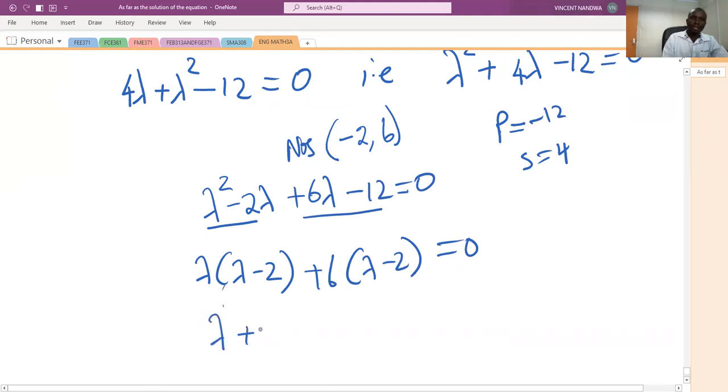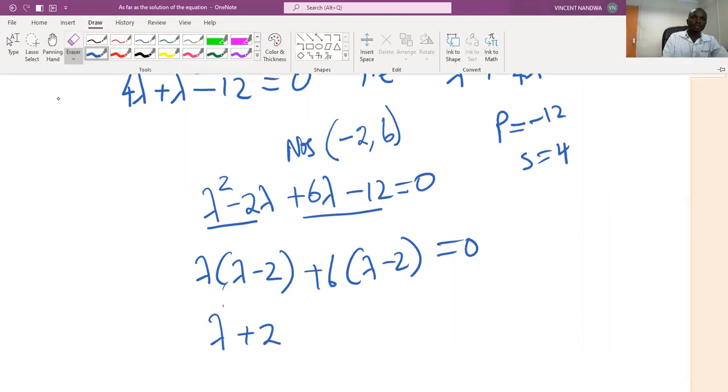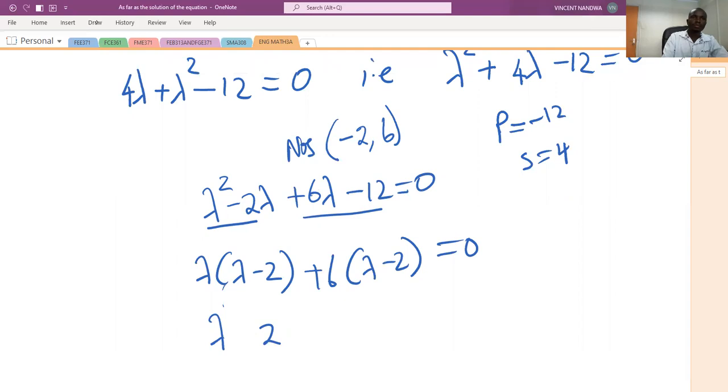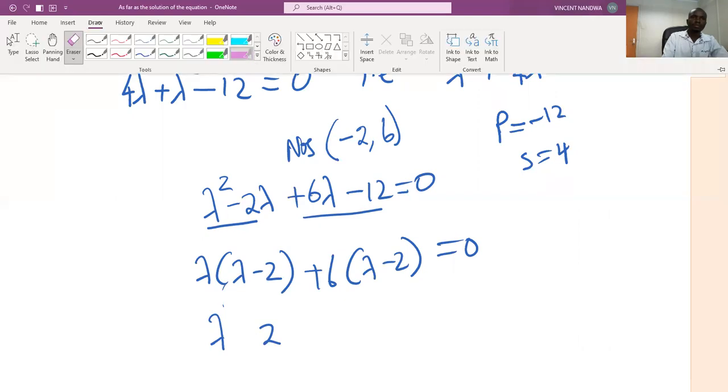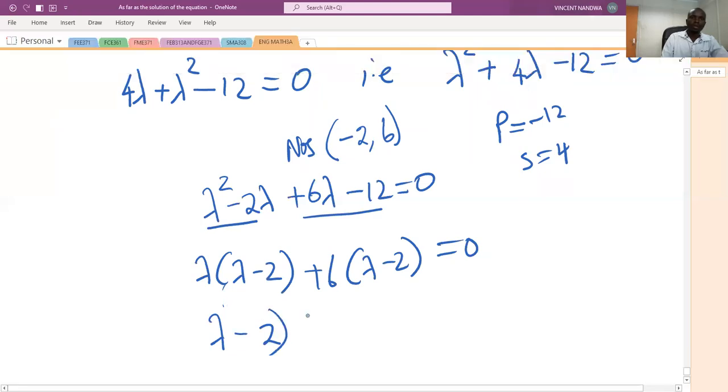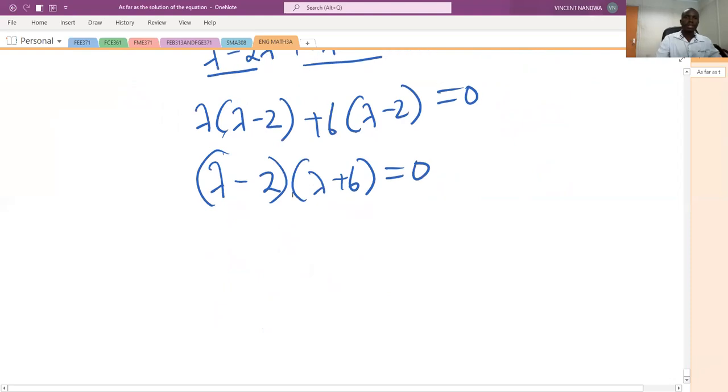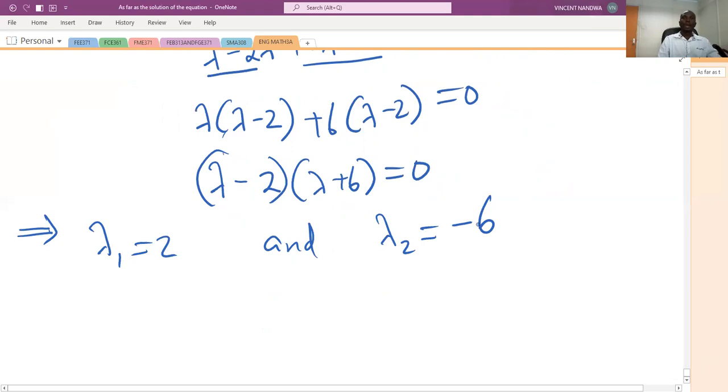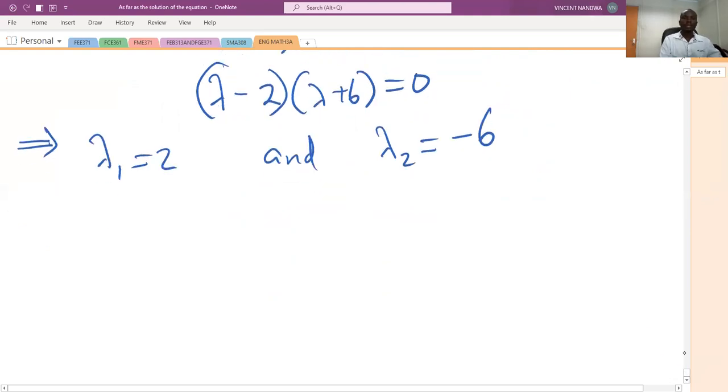So lambda minus 2, lambda plus 6 equals 0. So lambda 1 is 2 and lambda 2 is minus 6. Once you get the eigenvalues, get the eigenvectors.